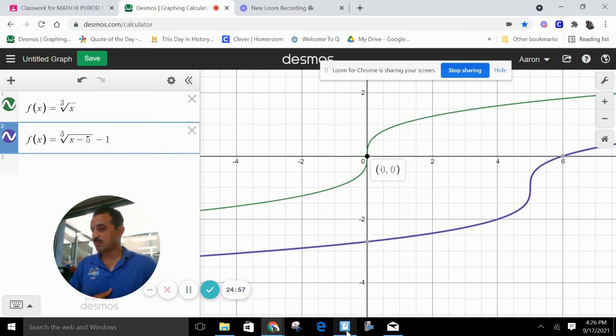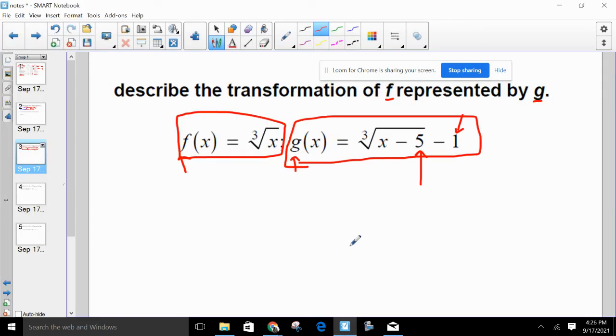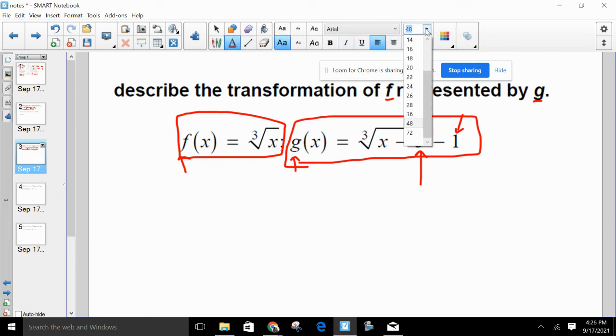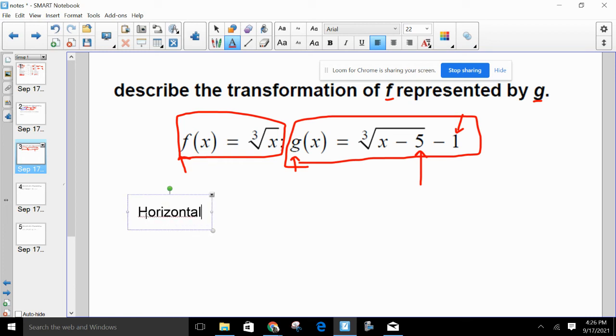So let's go ahead and type that in. There we go. Horizontal shift, describing the transformation now from the parent to the child. Horizontal shift, 5 units to the right.